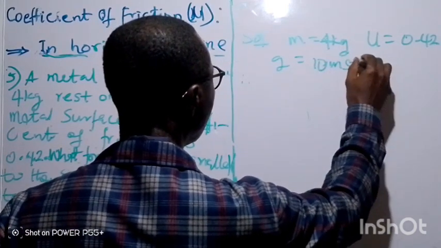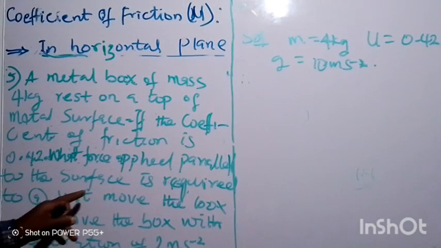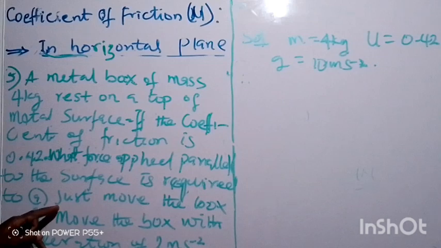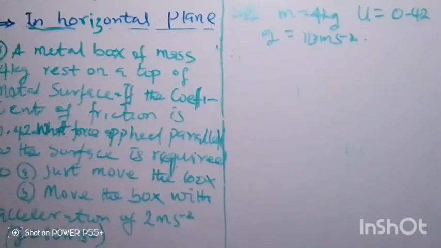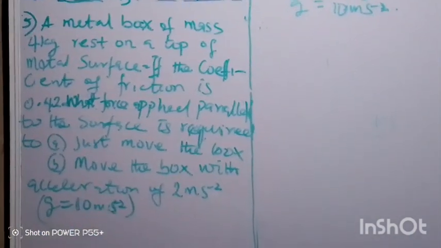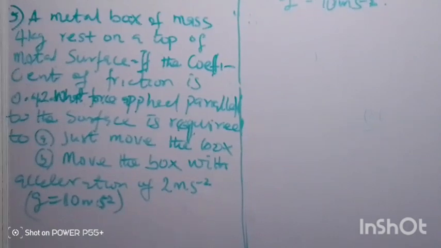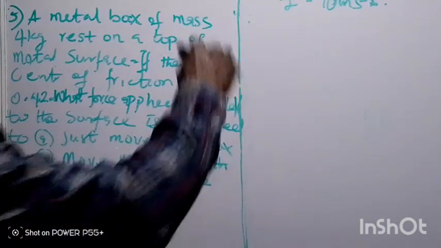Then, according to the question, we have to calculate the force required to just move the box. That is static friction. And the second one, move the box with an acceleration of 2 meters per second square. That is kinetic friction.